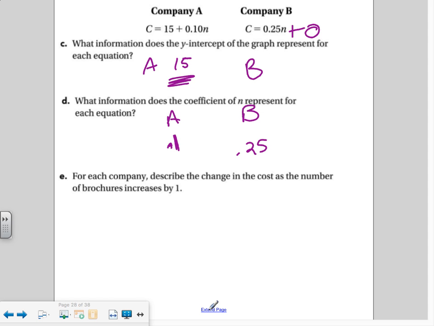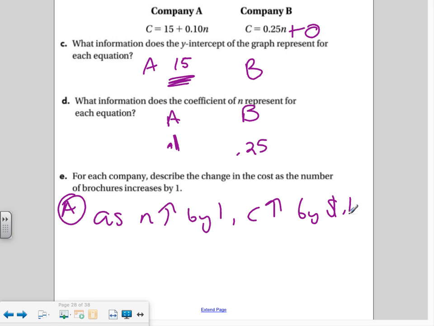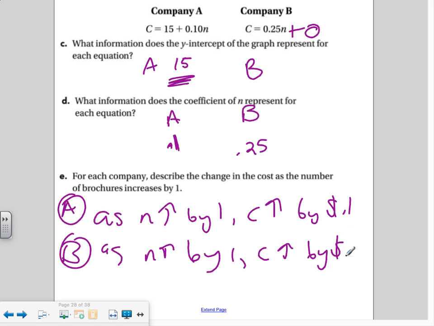So, for A, as n increases by 1, the cost increases by 10 cents. For company B, as n increases by 1, the cost increases by 25 cents. Okay?